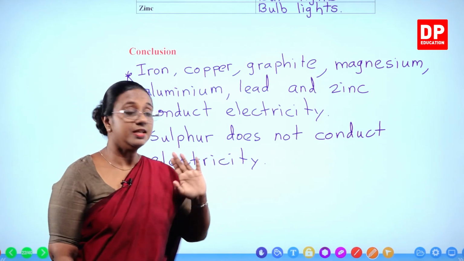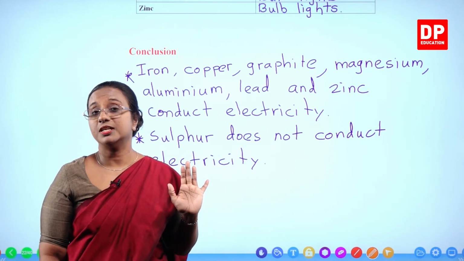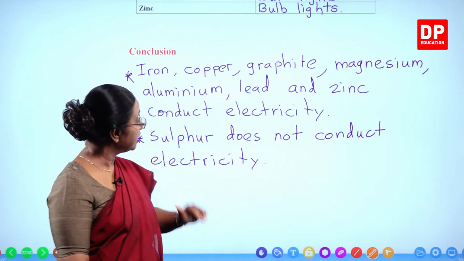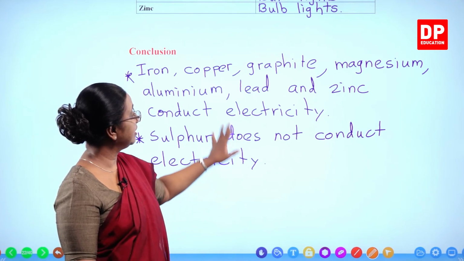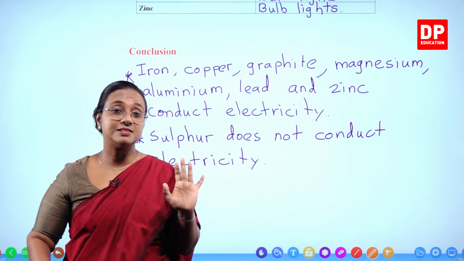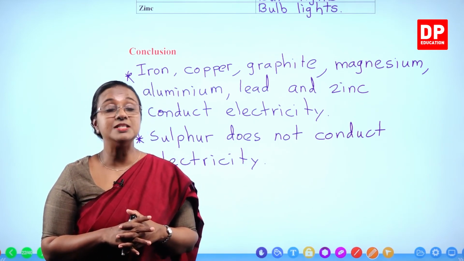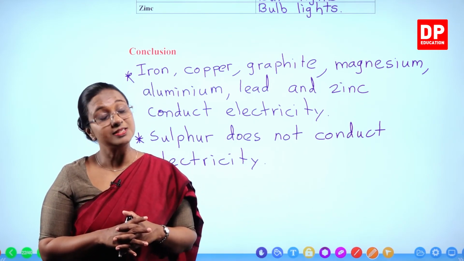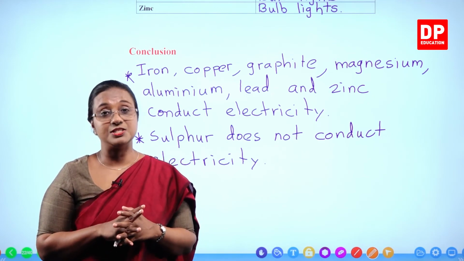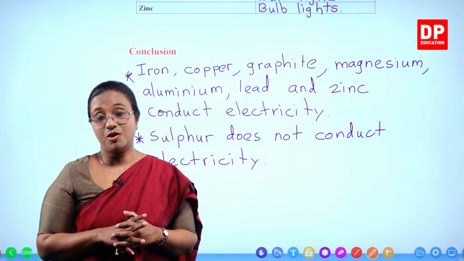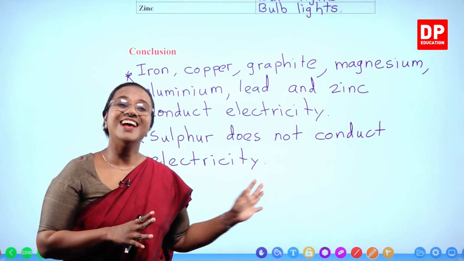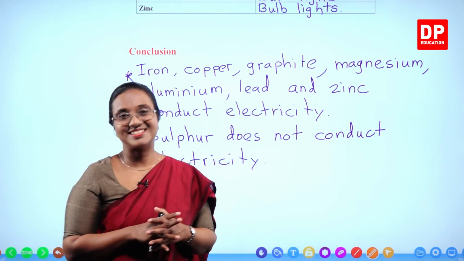Whereas sulfur is a non-metal that does not conduct electricity. So the conclusion we get from this activity is whether they can conduct electricity or not. We haven't classified the elements into metals and non-metals yet. You should remember that, students. Is that clear to you all? So then, I am going to move on to the next slide.